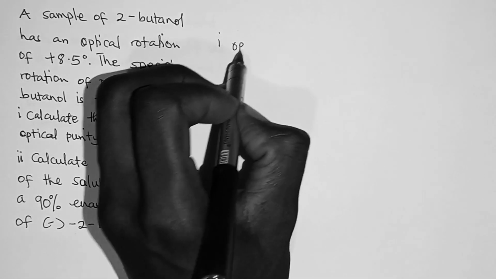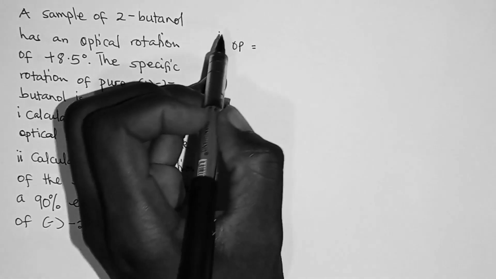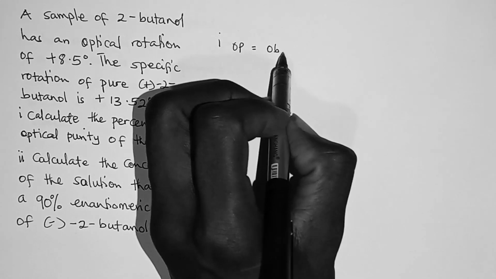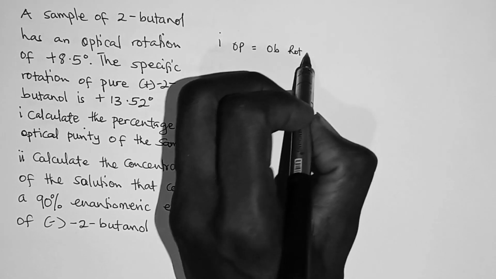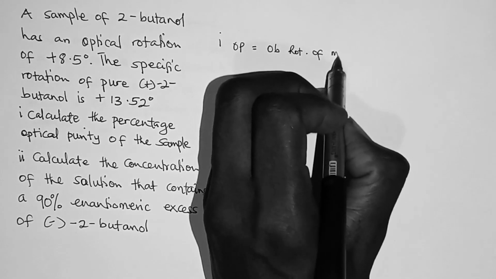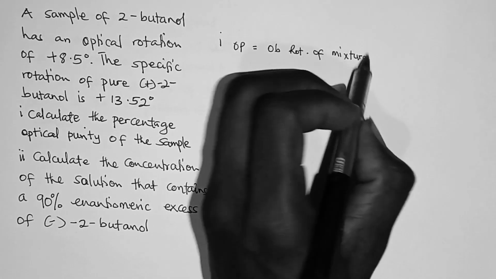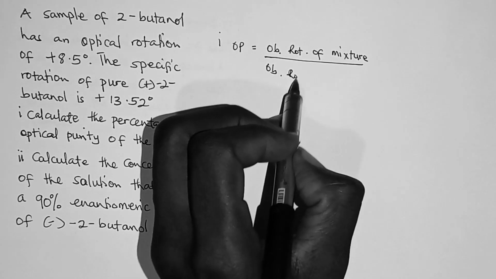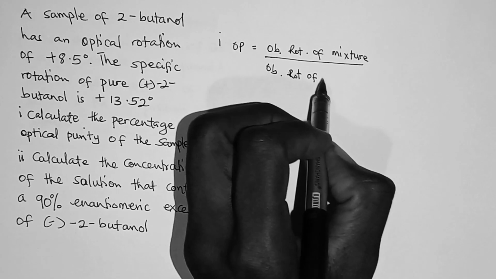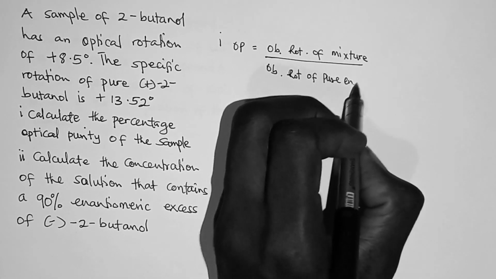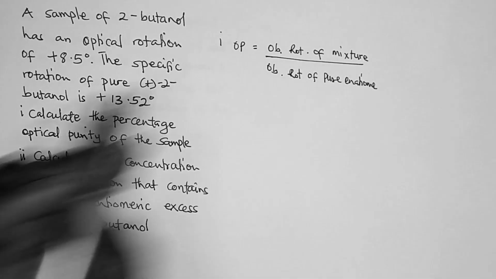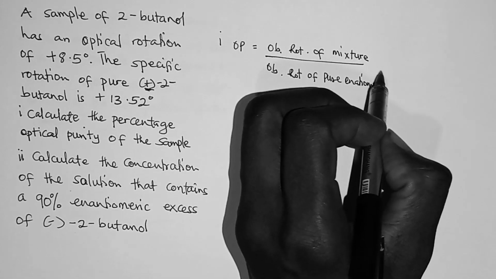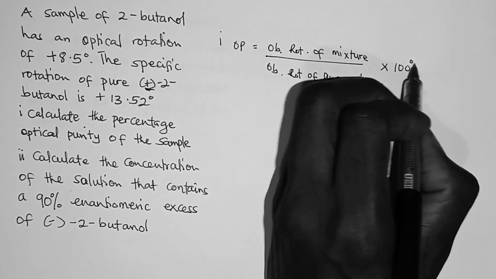So optical purity is equal to the observed rotation of the mixture divided by the observed rotation of the pure enantiomer, and in this case it is the plus enantiomer, then times 100%.